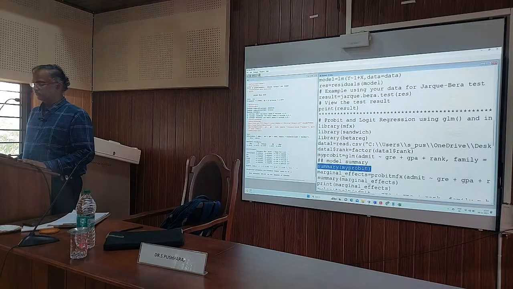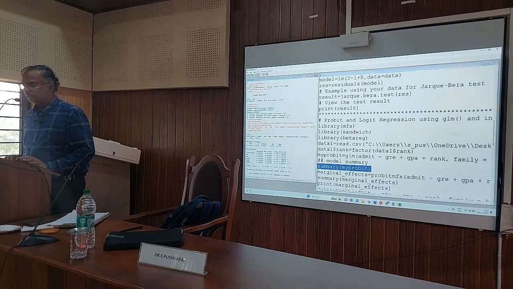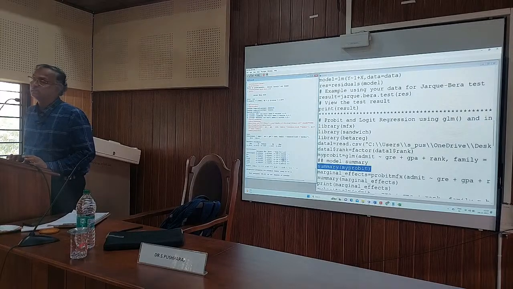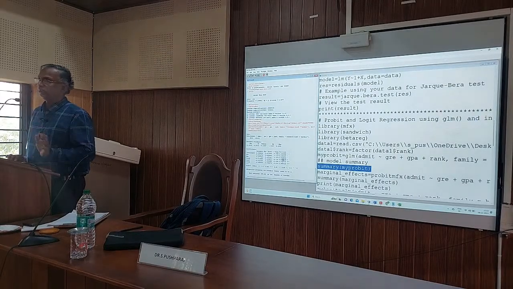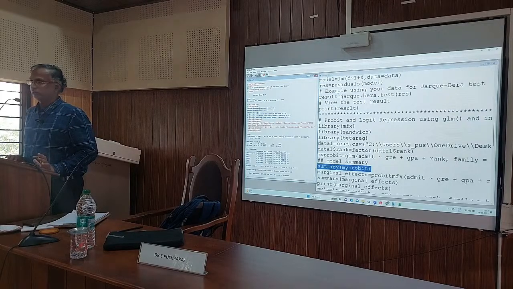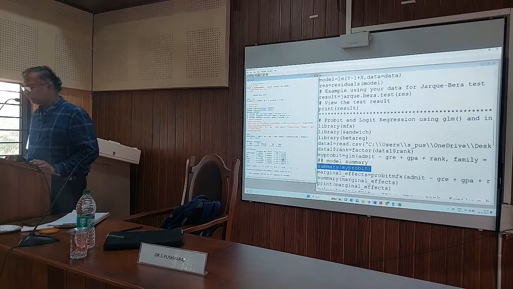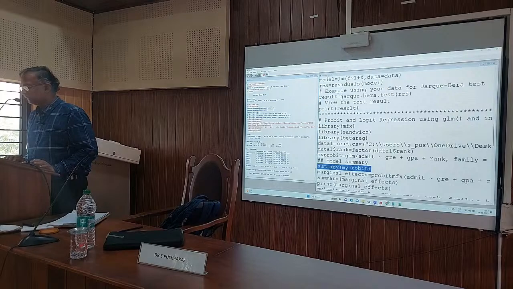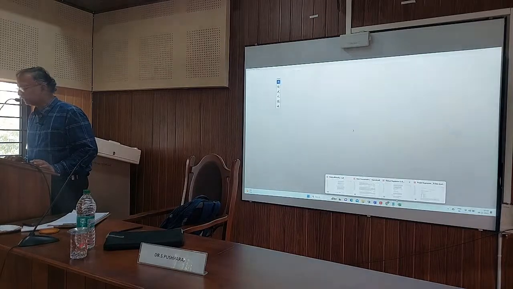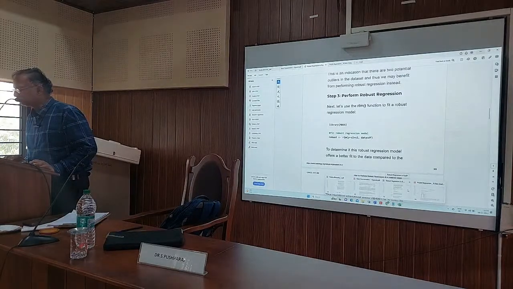Right after this, as I told you, these coefficients are not directly interpretable. I've told you they can only show whether the variables are positively or negatively related. So now we can see the data set. What is the first category, second category, third category of rank? They are all explained here.